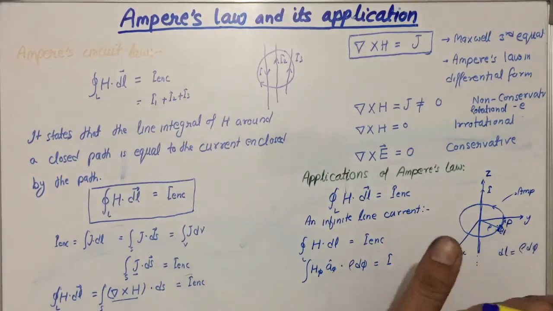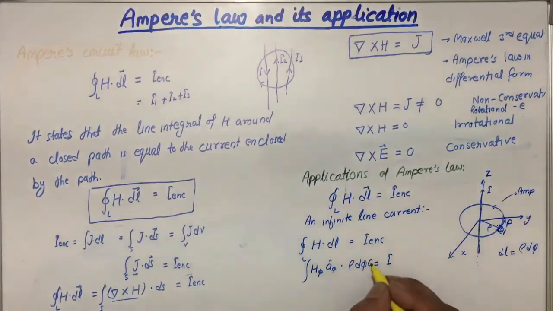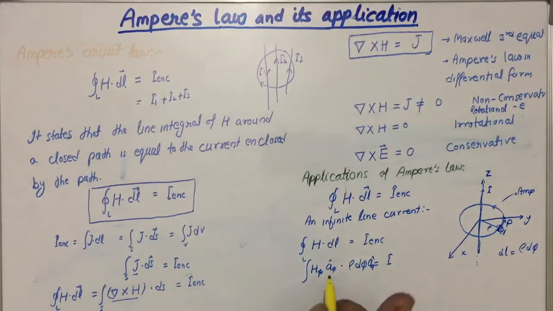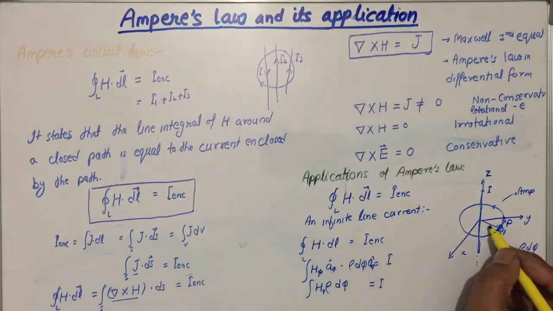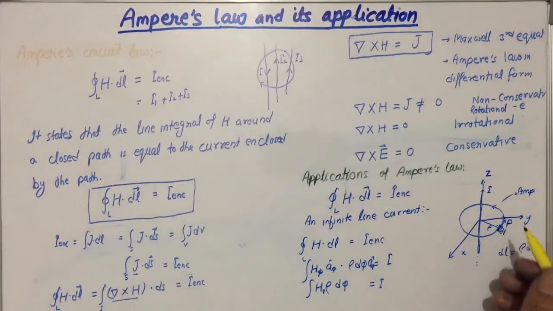So a phi dot a phi will give us 1, and the remaining thing will be H phi rho d phi equals I. And d phi is nothing but the angle from x, so it varies to complete the circle, from 0 to 2 pi.